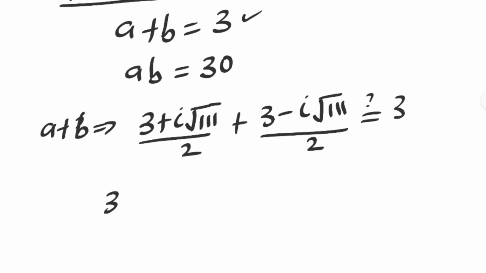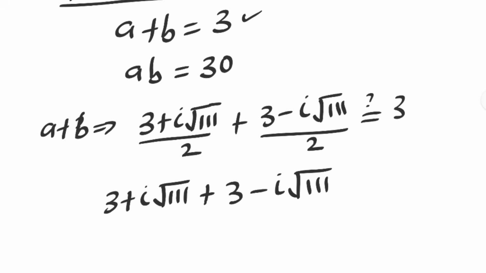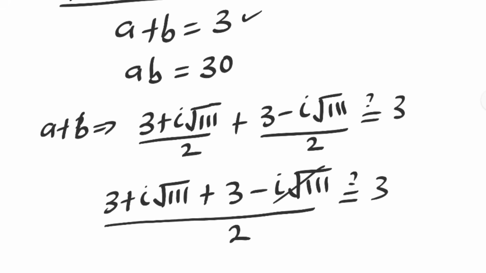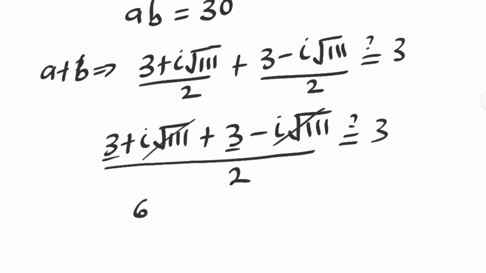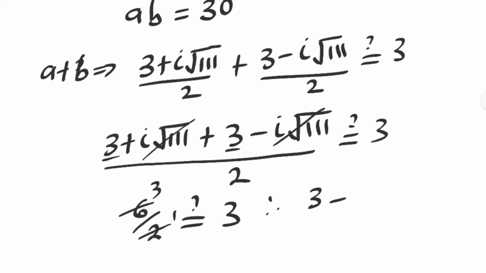Then we have 3 plus i square root of 111 plus 3 minus i square root of 111 all over 2 must be equal to 3. This cancels this. Then we have 3 plus 3, that is 6. 6 over 2 must be equal to 3. Therefore, the left hand side, 3, is equal to the right hand side, 3, which is true.